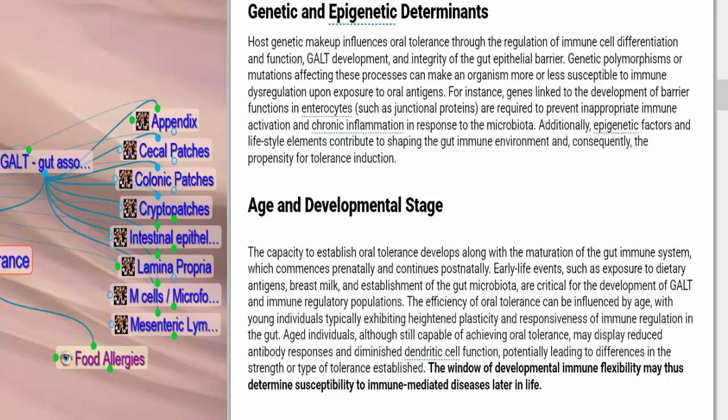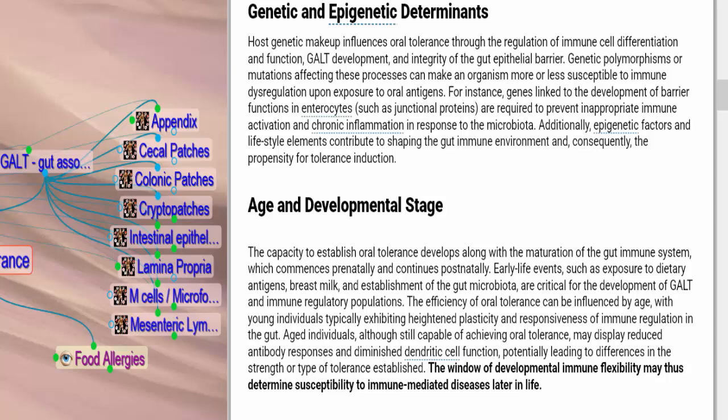Now let's move on to age and developmental stage. So the capacity to establish oral tolerance develops along with the maturation of the gut immune system, which commences prenatally and continues postnatally. Early life events, such as exposure to dietary antigens, breast milk, and establishment of the gut microbiota, are critical for the development of GALT and immune regulatory populations.